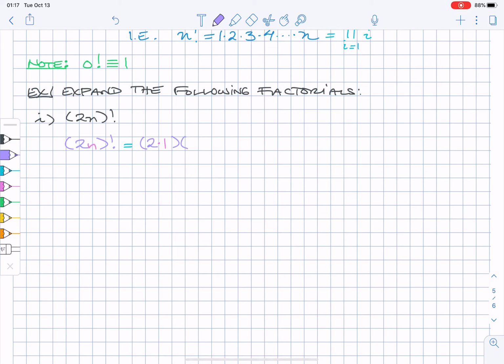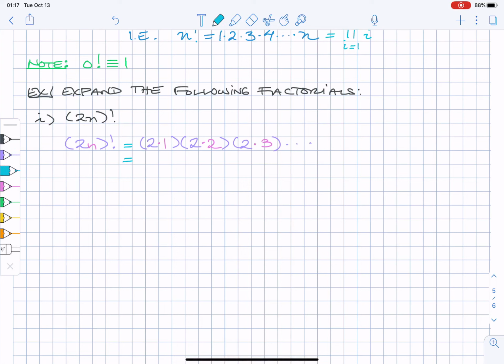The second term will be 2 times 2. The third term will be 2 times 3, etc. So what is this really?